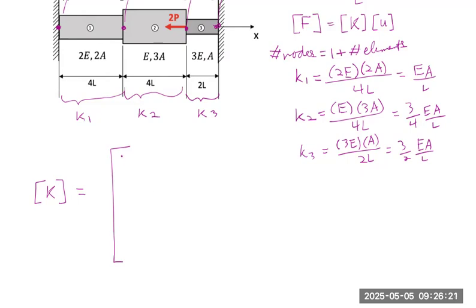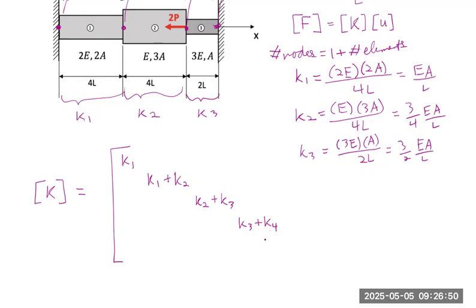So we're going to start with K1, and then this next entry down here is going to be K1 plus K2. And then this next entry is going to be K2 plus K3. And then this next one is K3 plus K4. Of course, we don't have a K4 over here, so we're just going to end with K3 without adding the K4, because K4 is basically equal to 0.